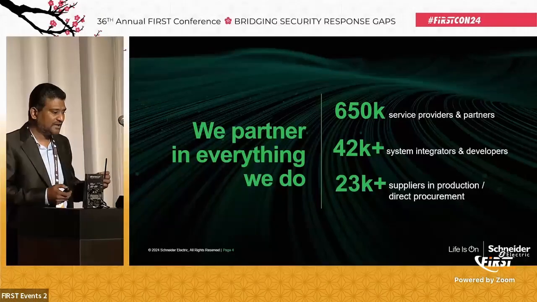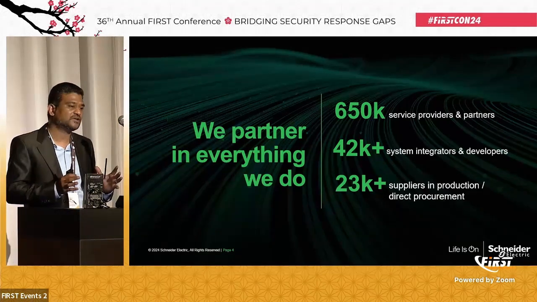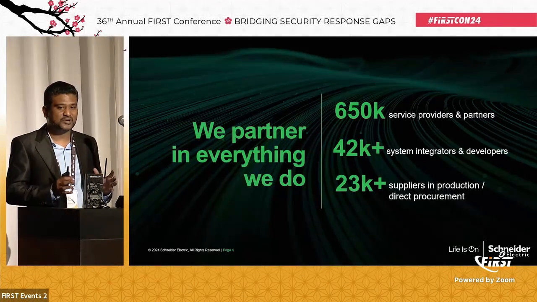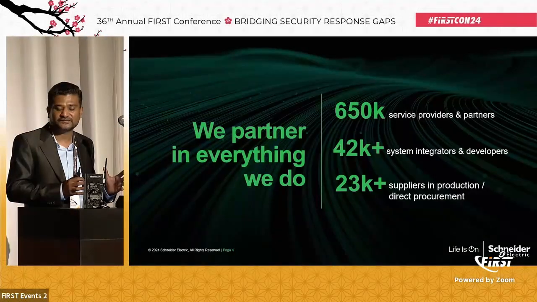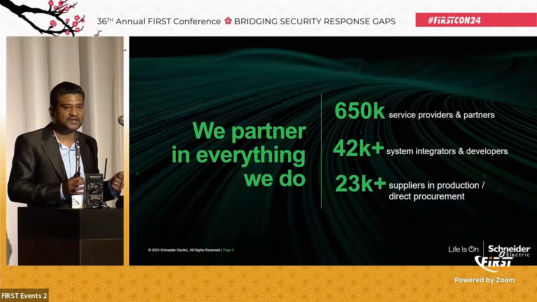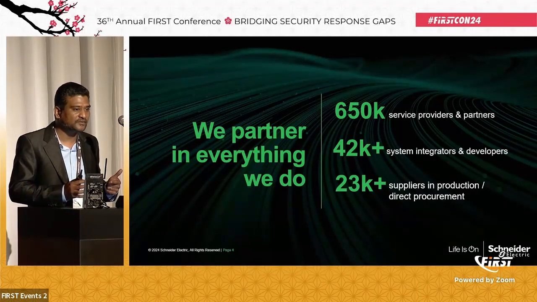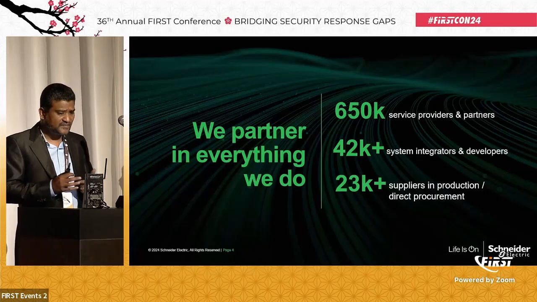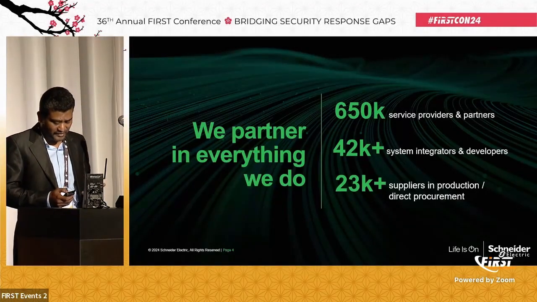Now coming back to vulnerability management and the products perspective, we have 2,000 plus suppliers who are directly working on our products, which means it could be software libraries, or it could be a manufacturer who is flashing the firmware for our products, or it could be a white label product which we might be using.